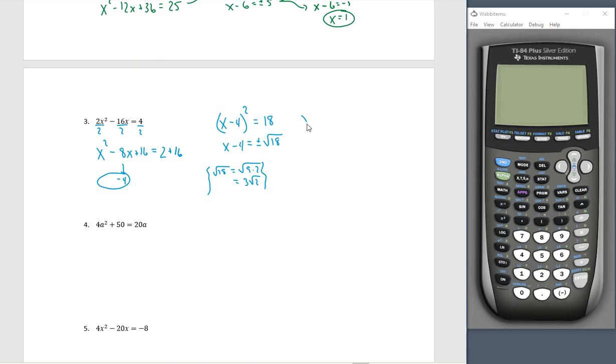So when I write my two equations, I'll have x minus 4 equals a positive 3 square root of 2, and x minus 4 equals a negative 3 square root of 2. When I add 4 to both sides, I'll have x equals 4 plus 3 square root of 2, and x equals 4 minus 3 square root of 2.